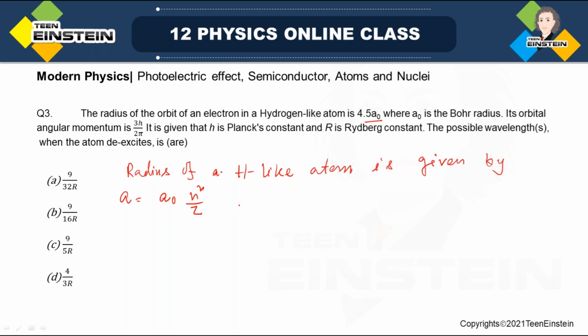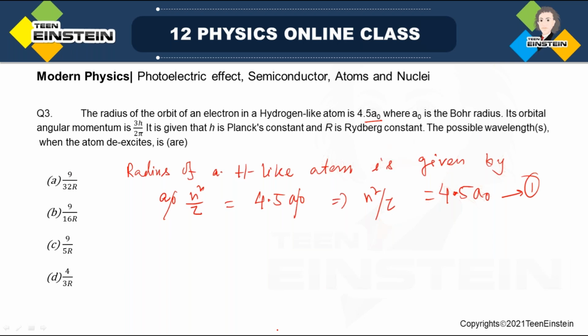So here in this case, what is given? The radius of the hydrogen like atom is given, equal to 4.5 a0. So from here we can get a relationship between n square by Z and 4.5. Let us give this as equation number 1.